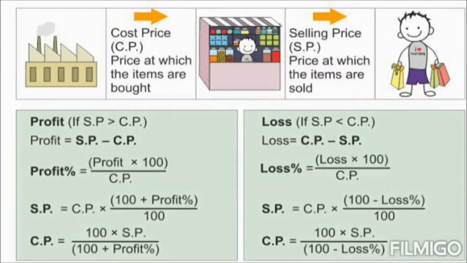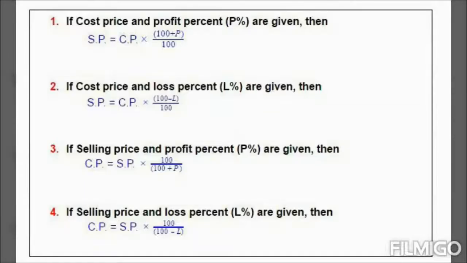Now we will learn a few new things, if the cost price or the selling price has been given with the profit percent or the loss percent. SP is equal to 100 plus profit percent upon 100 into CP. Similarly, if there is a loss, we will do 100 minus loss percent upon 100 into CP.